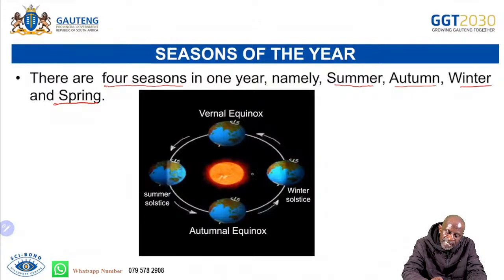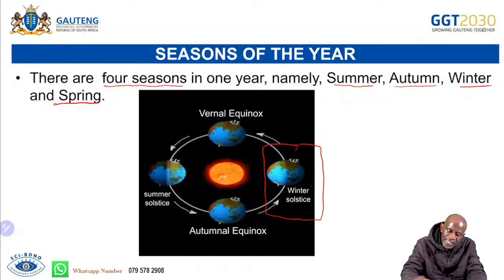So this is how it appears as the earth rotates. As the earth moves, upon reaching certain areas in its rotation, naturally the season would change.